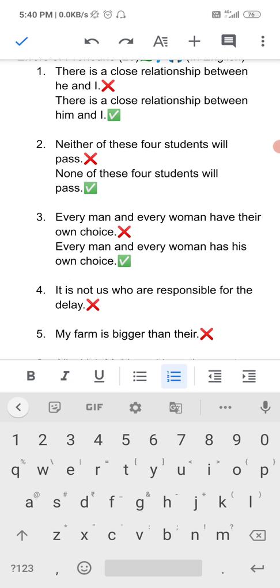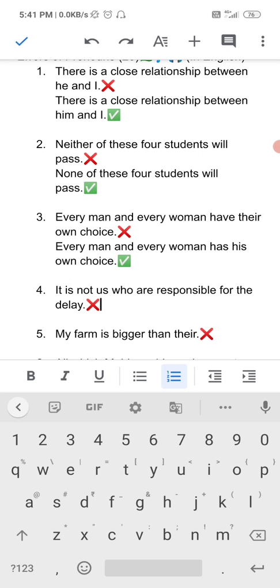So the rule says when the sentence holds a be form and before the be form there is it, and if we wish to use a pronoun after the be form, then we have to use that pronoun in its nominative form.